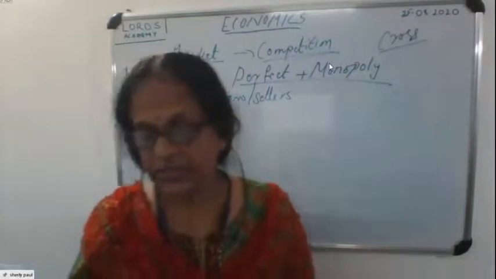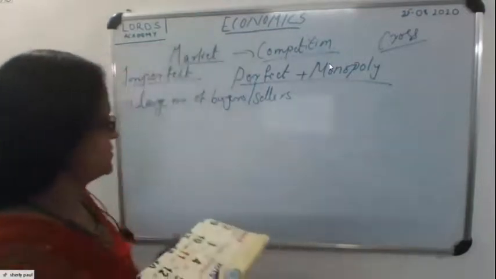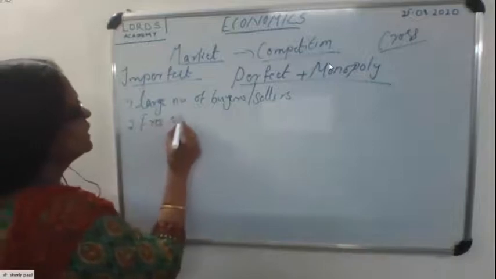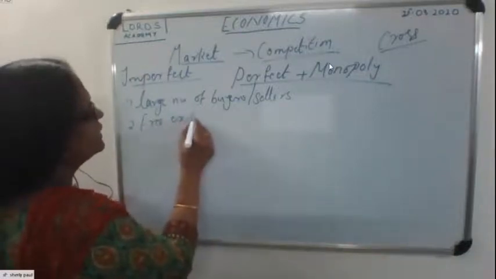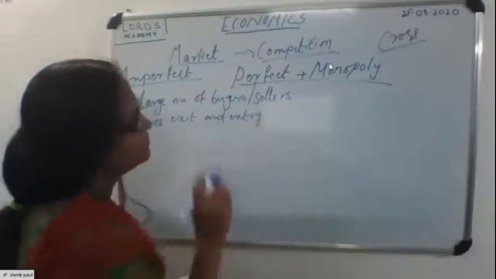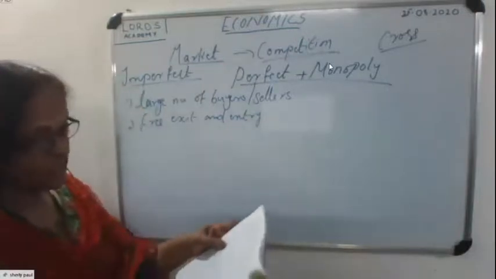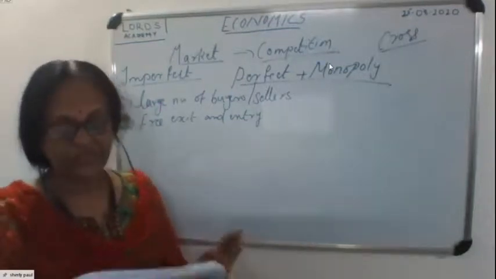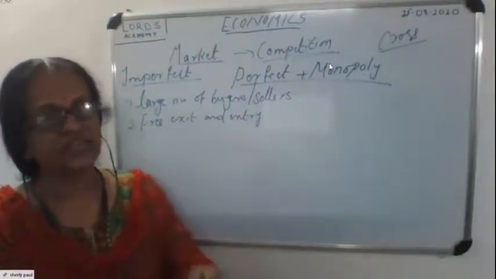Then here also the word free entry and exit. You are thinking it is the same point only. Here also they are using the words: monopolistically competitive firms are relatively free to enter and exit an industry at any time.